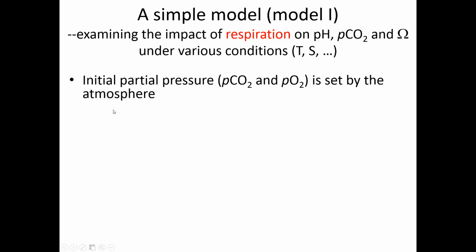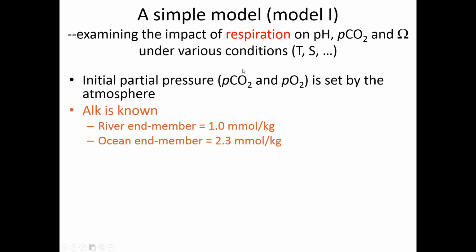So this simple model assumes the initial partial pressure of CO2 and oxygen is set by the atmosphere. Of course, that PCO2 is also set by the temperature, that's the solubility. And alkalinity is known for the river, so I use only one river, 1.0 micromole per kilogram, and the ocean end member is 2.3.